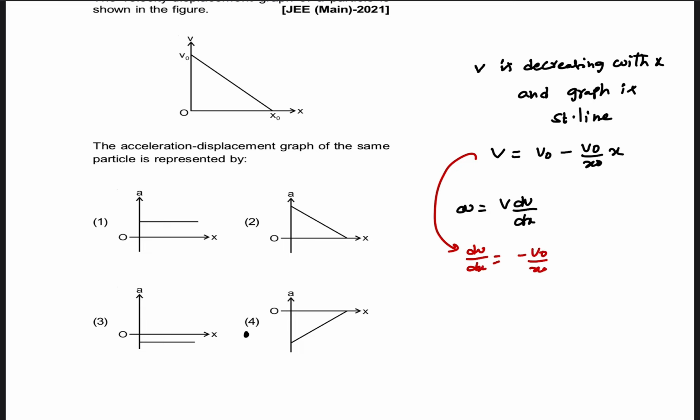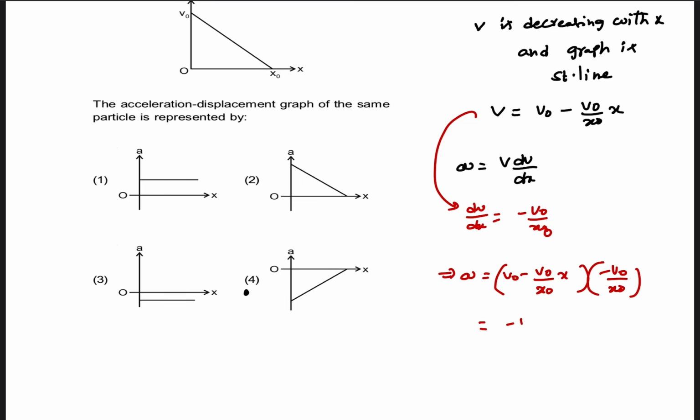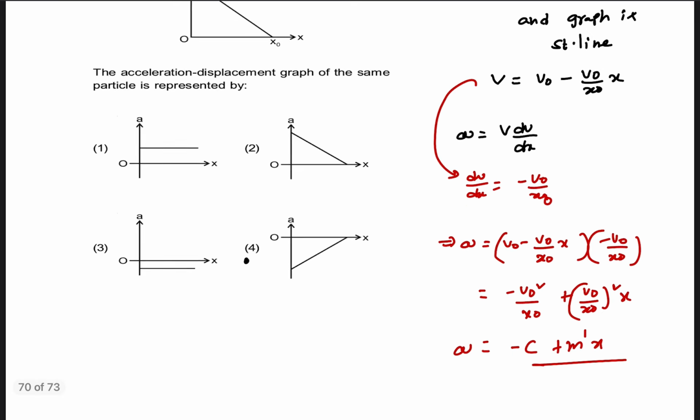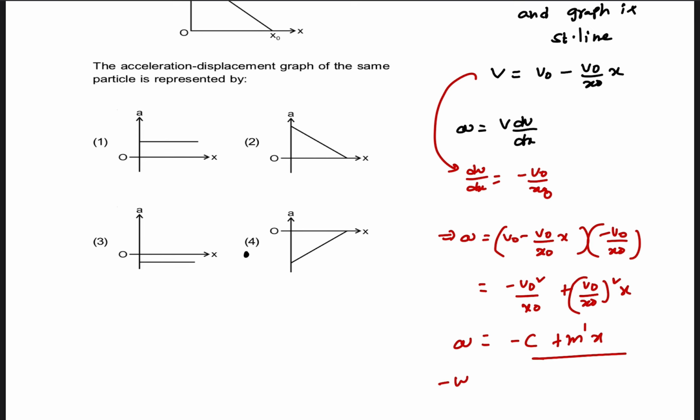What is the dv by dx value? As v naught is constant, dv by dx is minus v naught by x naught. Now acceleration a is equal to v naught minus v naught by x naught into x, whole thing, into minus v naught by x naught. If I substitute that value, it is minus v naught square by x naught plus v naught by x naught whole square into x.